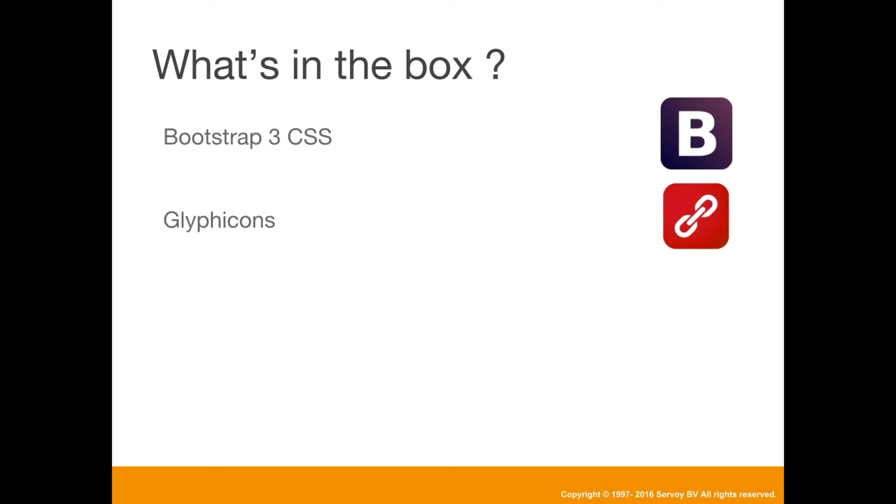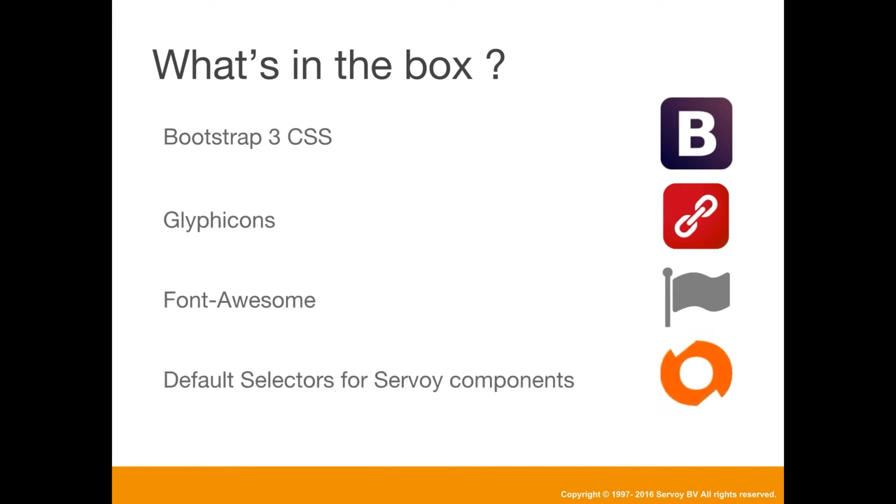So basically you can take an image and manipulate it with CSS. It's really handy. Another glyph font that we ship is Font Awesome. And of course, there are the default Servoy components, so all of those can be stylized as well, and there are some default selectors for manipulating those components.